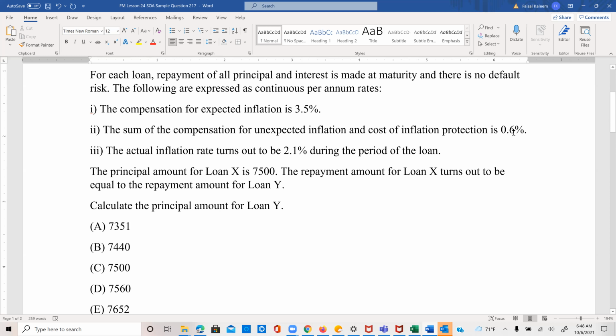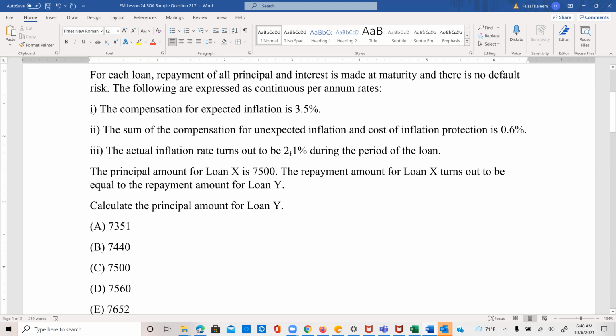As a result, they don't have to suffer the consequences of this 2.1% inflation. Right now, because of the numbers we have in this problem, it's obviously better not to get the inflation protection, because the inflation turned out to be only 2.1% during the coming year.